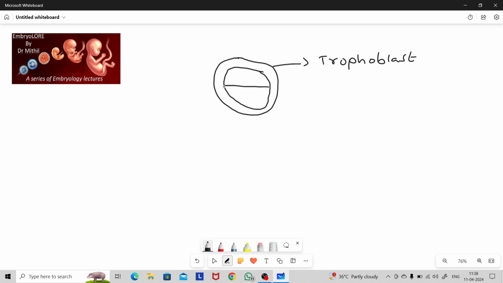Above that is the ectoderm, that is the columnar, and then here that is the endoderm.